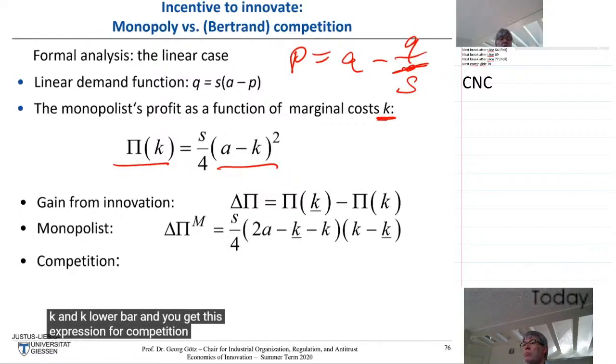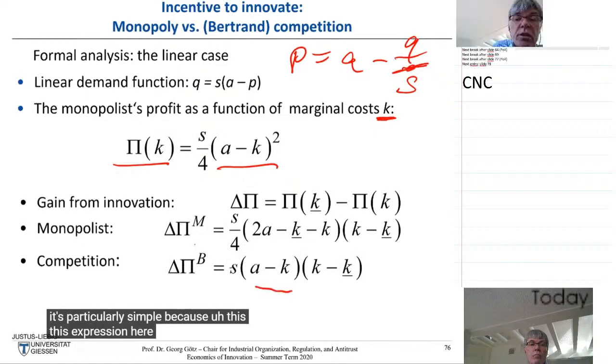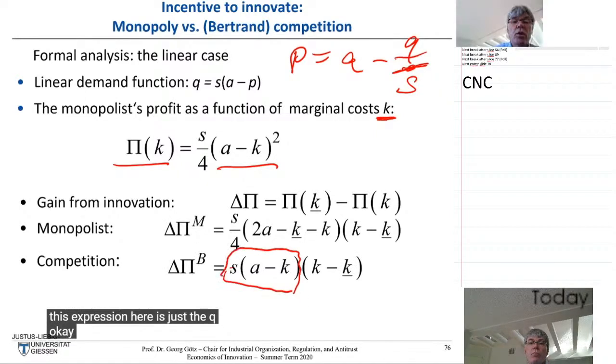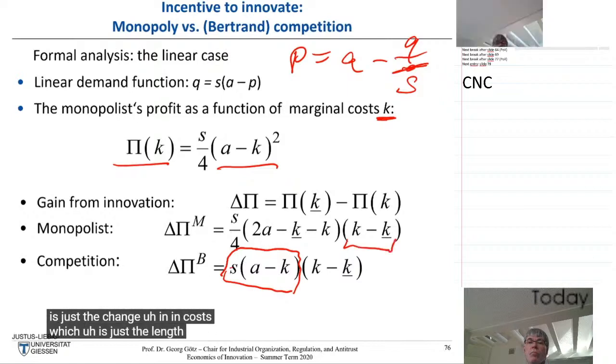For competition, it's particularly simple because this expression here is just the Q. This is just a rectangle, and K minus K lower bar is just the change in costs, which is the length of this rectangle under Bertrand.